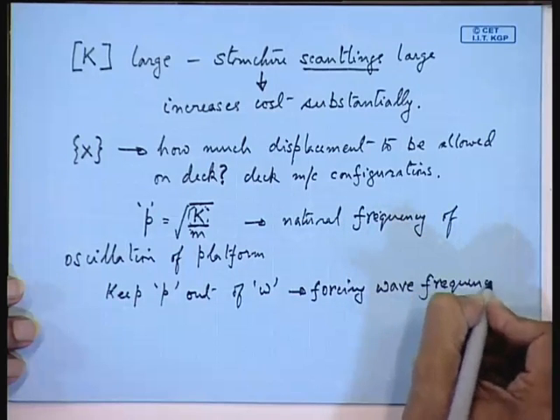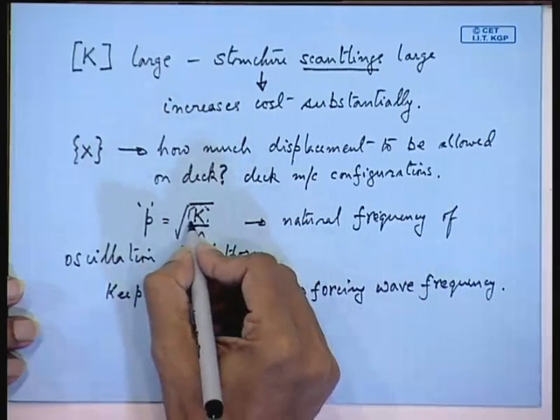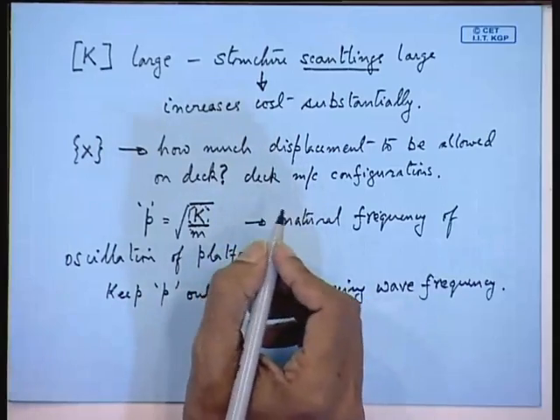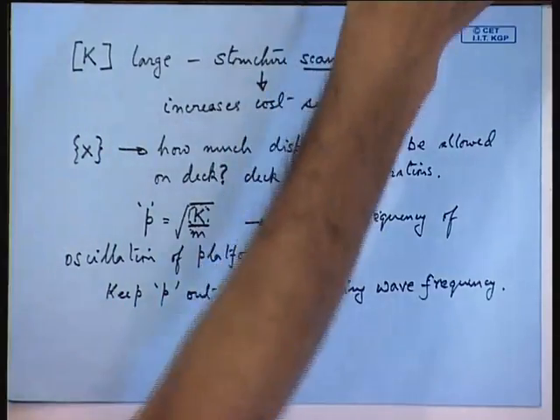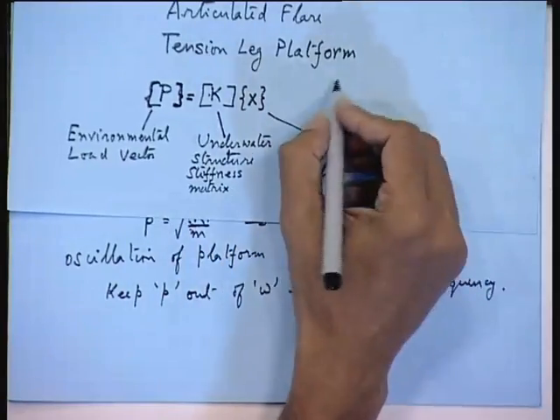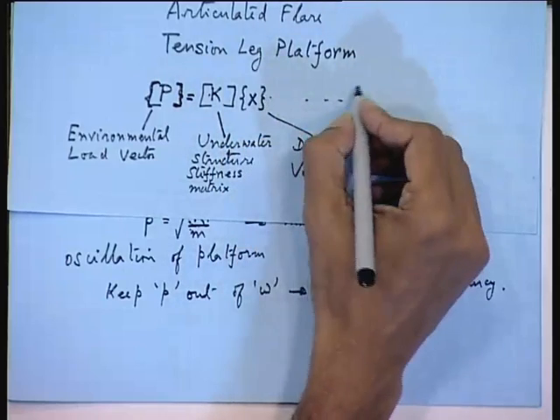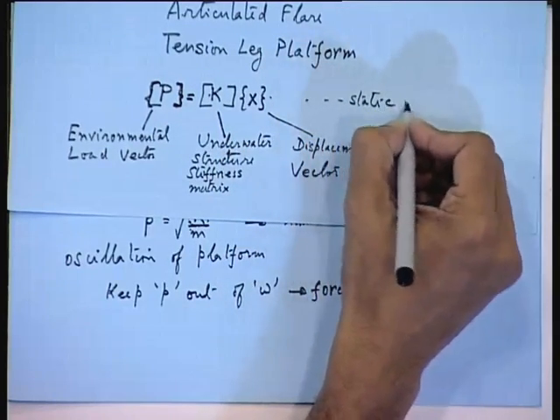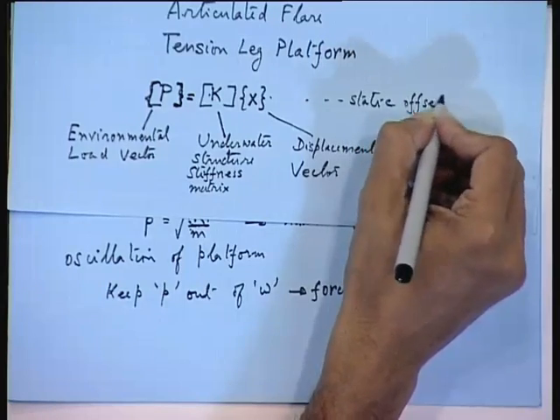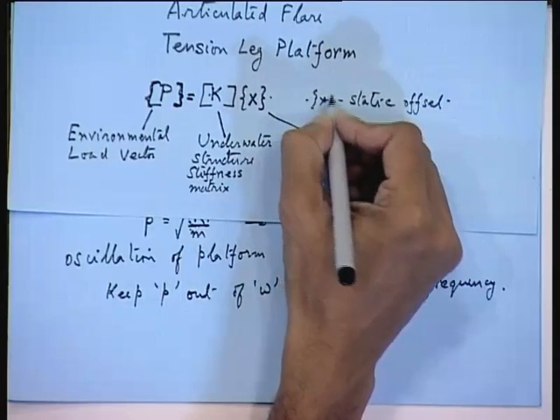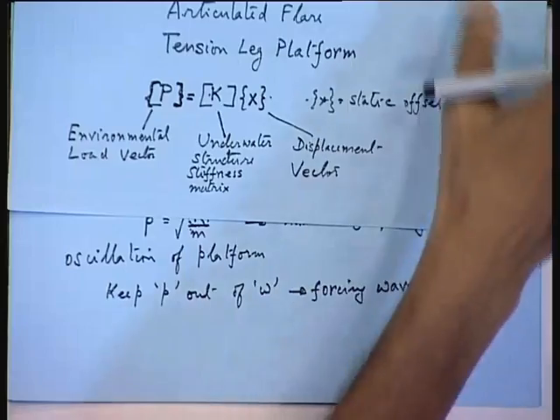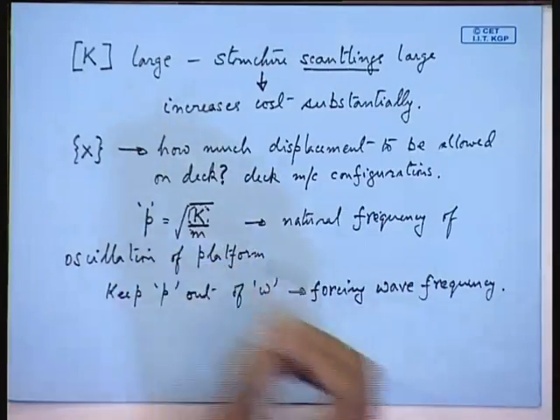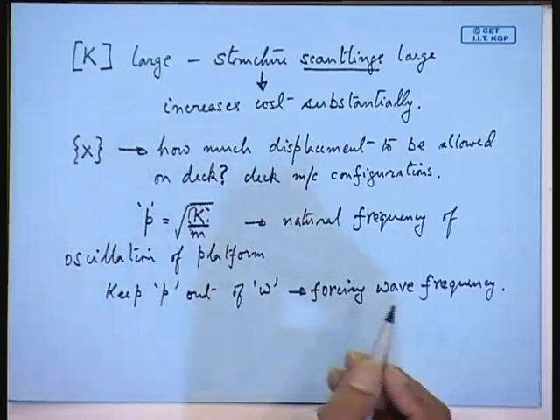So, you can see this stiffness is a very important parameter, both which are related to this p is equal to kx is your static. This is called static offset. So, this x is called static offset. Alright. So, you have to find out what is static offset and your frequency, natural frequency.